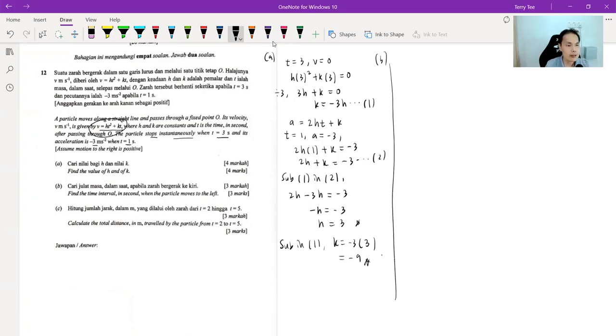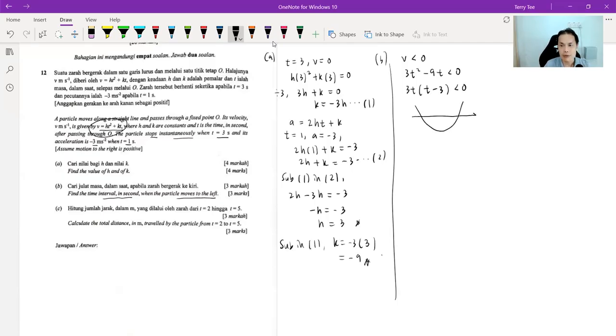Next, we're finding the time interval when the particle moves to the left. All right. So now, when the particle moves to the left, your v is less than 0. So we need to find the range of values of t. We can start by taking your v. Now that I know my h is 3 and k is -9, 3t squared minus 9t is less than 0. We take out common factor 3t, so 3t(t - 3) is less than 0.